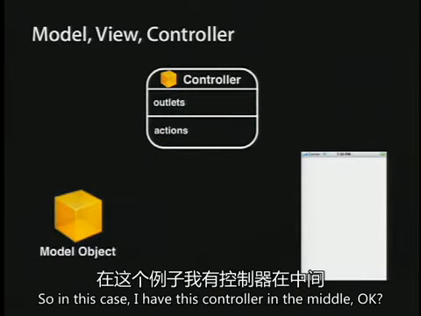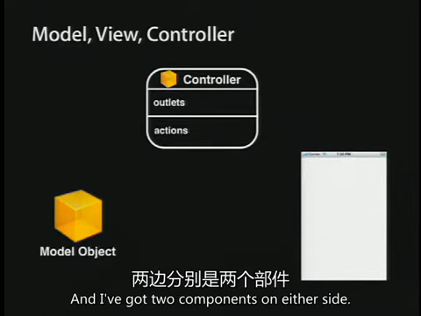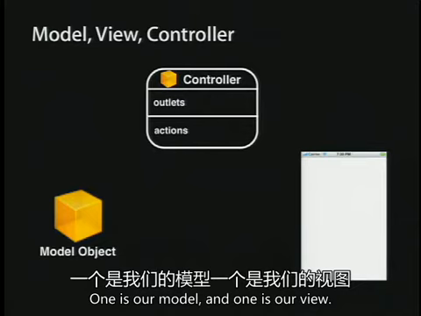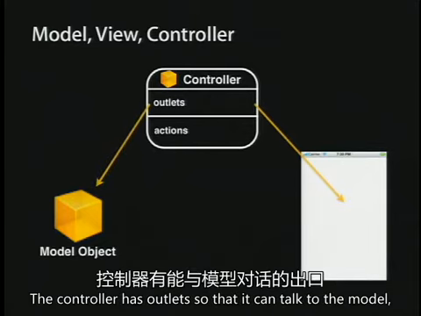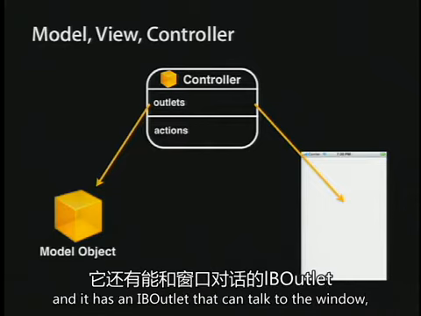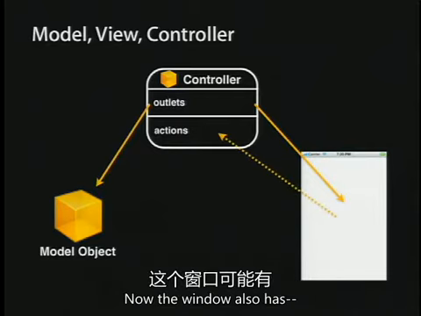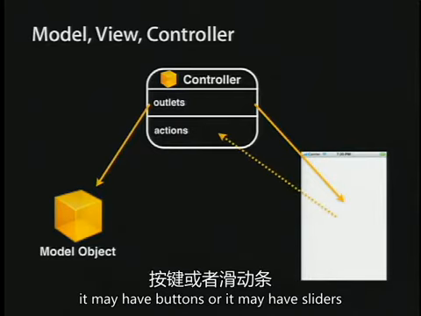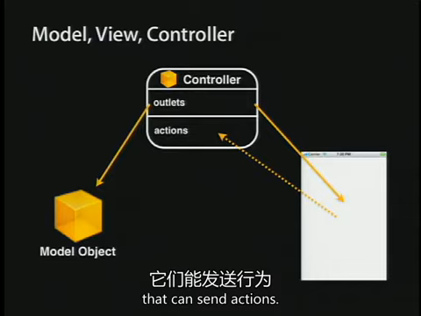So in this case, I have this controller in the middle, okay? And I've got two components on either side. One is our model, and one is our view. The controller has outlets so that it can talk to the model, and it has an IBOutlet that can talk to the window. Now the window may have buttons or sliders that can send actions.